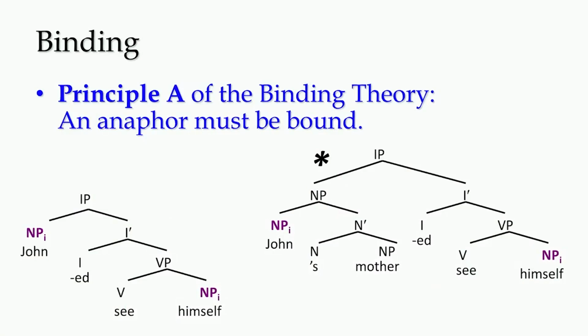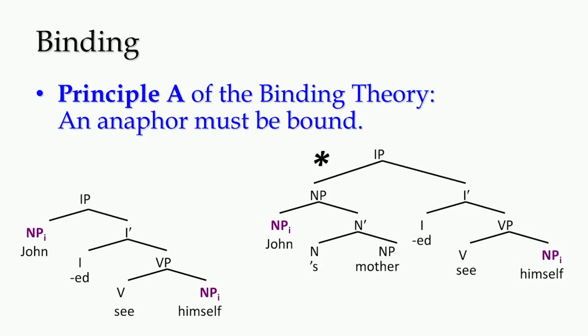Principle A, which particularly deals with anaphors, says an anaphor must be bound. That is, if there is an anaphor in a sentence like himself, that anaphor must be bound, meaning that the anaphor must have a co-indexed antecedent in the sentence and that antecedent must also c-command the anaphor.